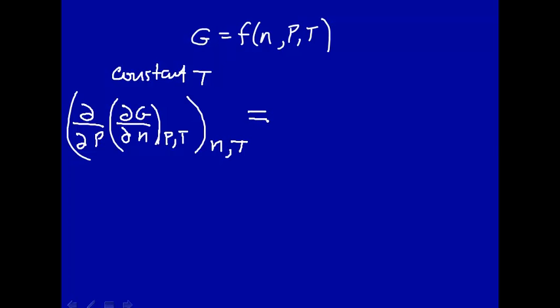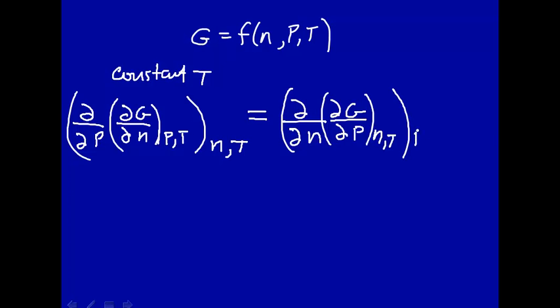G is a function of three variables. So let's reverse the order. G is a state function, so we can reverse the order of differentiation. So this would be how G changes with pressure at constant number of moles and isothermal temperature, and then take the derivative of that with respect to number of moles at constant pressure and temperature.